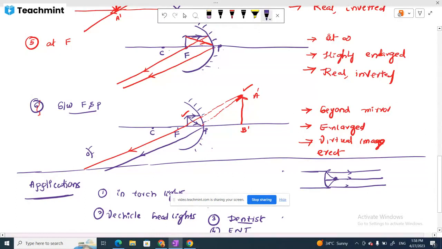One more application is solar cookers, which use this type of concave mirror. These are the applications of the concave mirror.